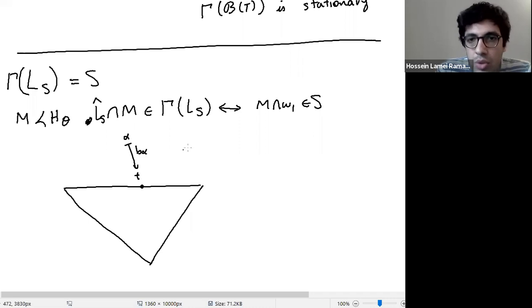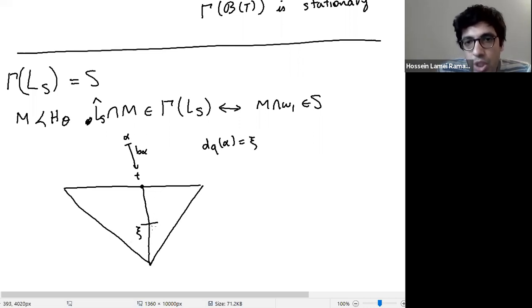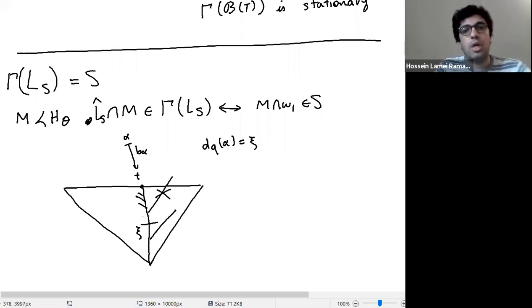DQ is going to associate, so when DQ of alpha is, let's say, psi, and let's assume that psi is less than the height of Q, then we are going to have this property that after psi, there is not going to be anything which is branching to the right. This is not allowed anymore in this tree. Anything which is branching from this branch here has to be to the left. We are allowed to go to the right before psi, but after psi, it's not allowed. So DQ is going to take care of that.